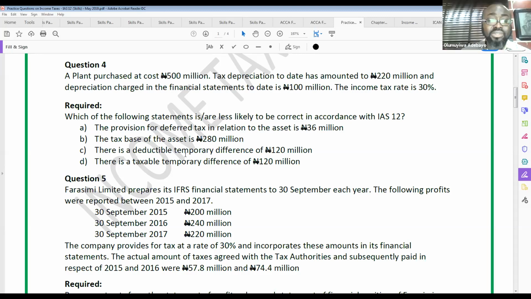The deductible temporary difference is 120. Do you see anything like 120? Yes, but not deductible. And do you see anything like taxable at 120? Therefore, which one is the odd one out? C. C is out.